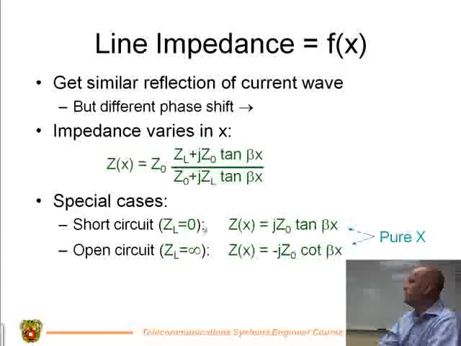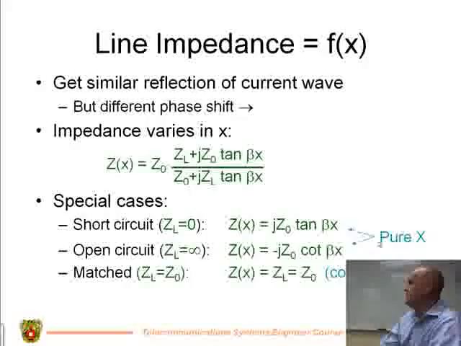So if there's a short circuit, if ZL equals 0, then Z of X just equals jZ naught tangent beta X. If ZL equals infinity, Z of X equals minus jZ naught cotangent beta X. Either way, we're just going to have a pure reactance there. If it's matched, then Z of X equals ZL equals Z naught. It's the same all the way along the line, and we have no problems. So how do you compensate for when ZL and Z naught are different?